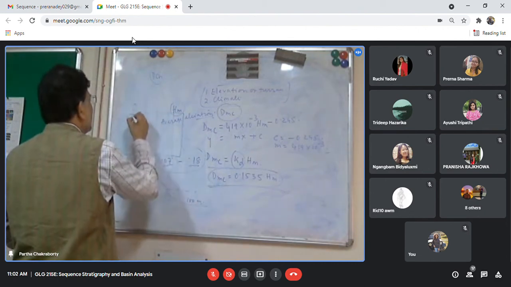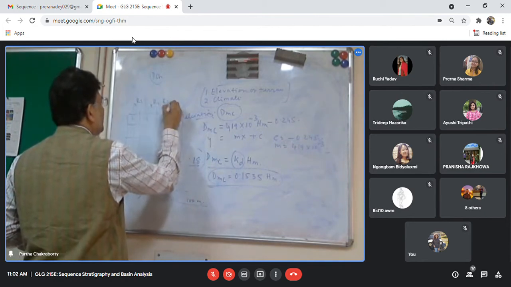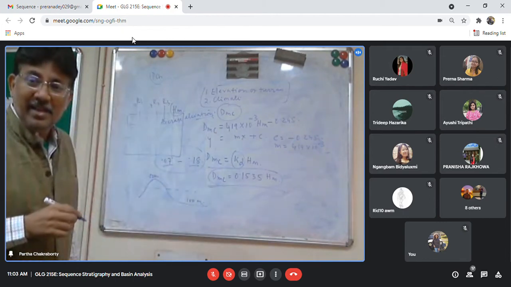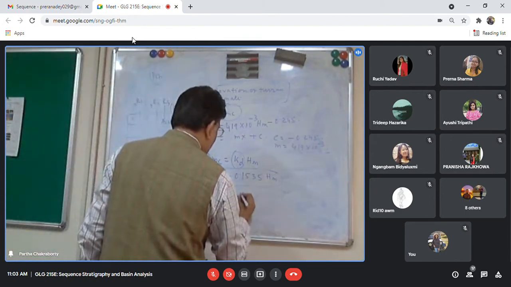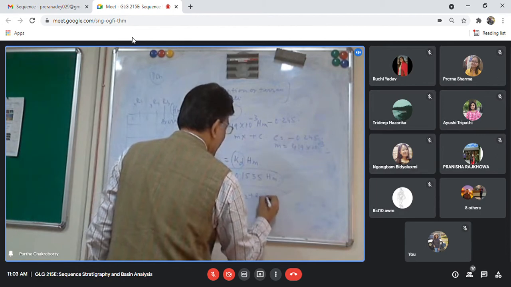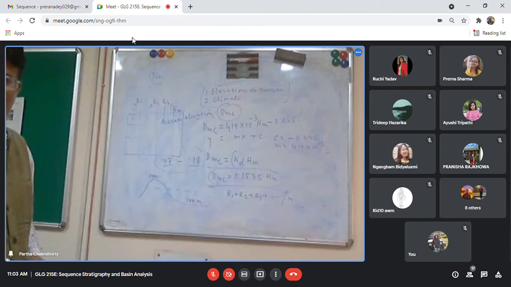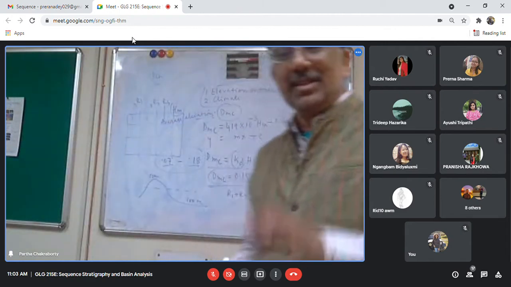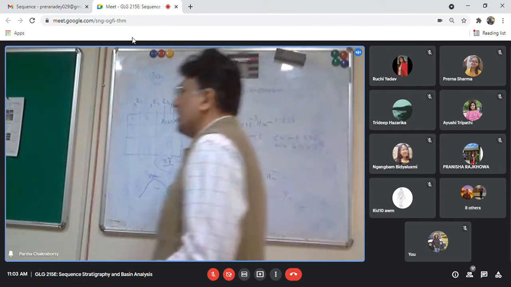Get the average elevation of individual grids R1, R2, R3, and then average them out by R1 plus R2 plus R3 and so on, divided by M. If you do that exercise, then the relationship comes DMC equal to 0.1535 HM.